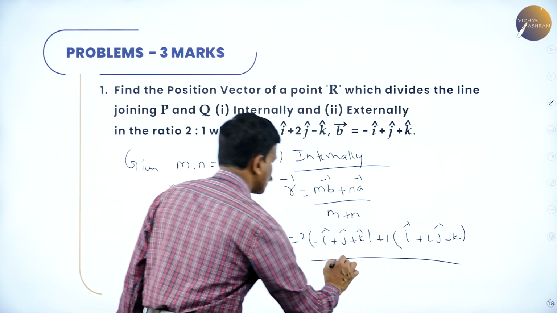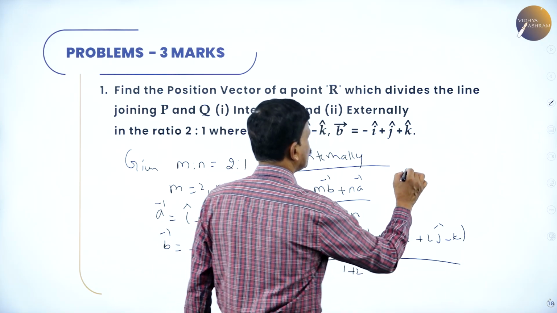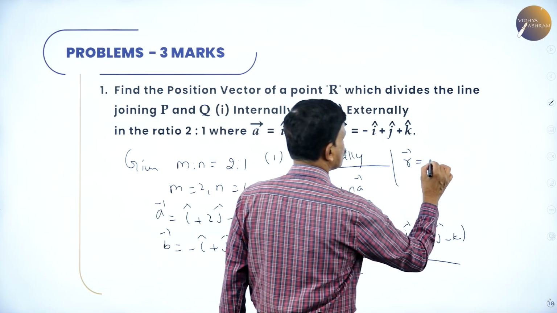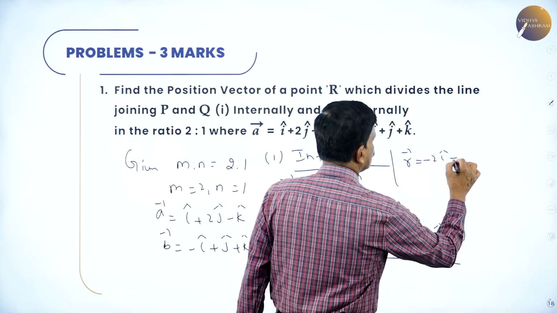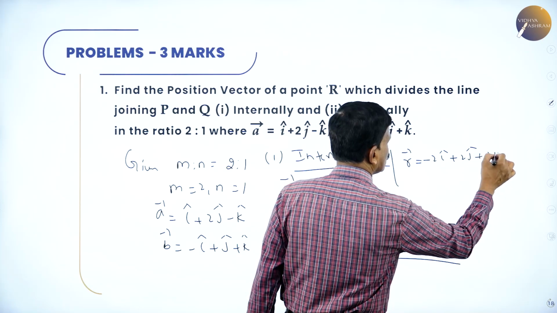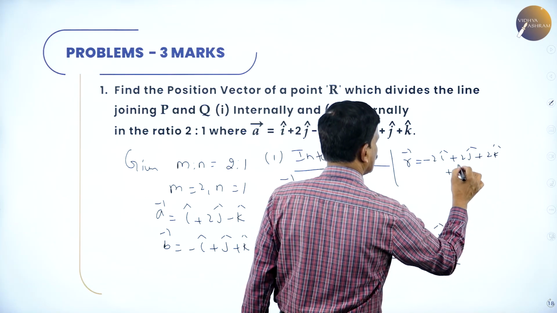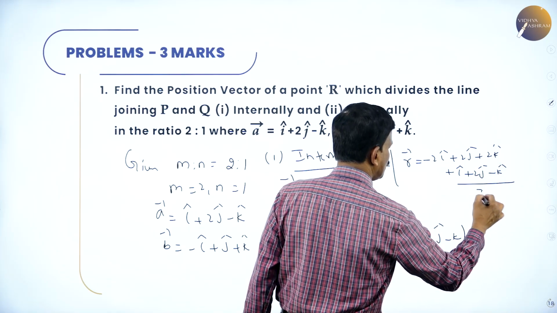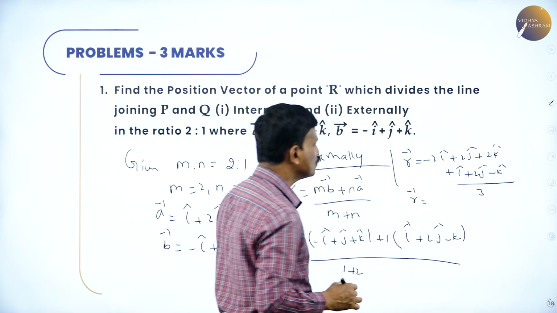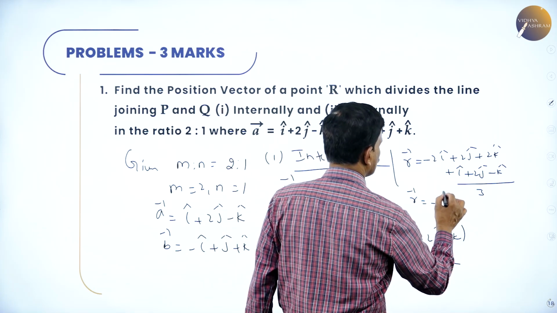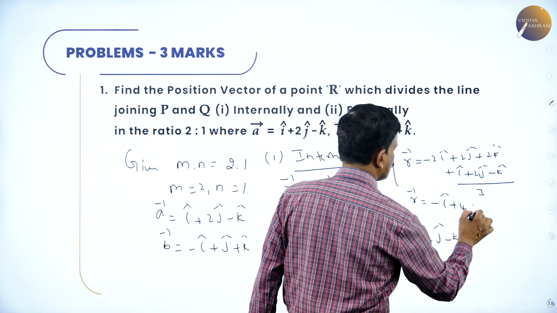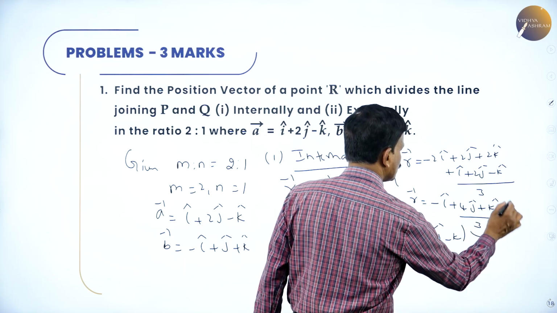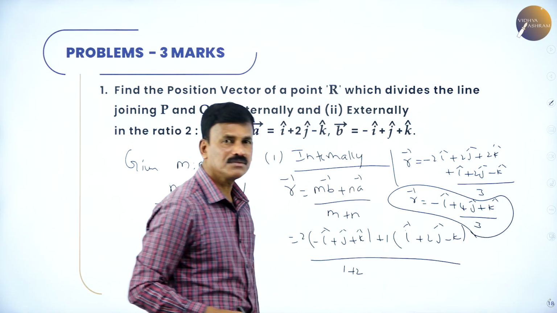What is m plus n? 1 plus 2. So this can be written as vector R equal to, multiplied, minus 2i plus 2j plus 2k, again plus i plus 2j minus k, divided by 3. So vector R is equal to minus 2i plus i is minus i, 2j plus 2j is 4j, and 2k minus k is plus k, divided by 3. This is the internal division.